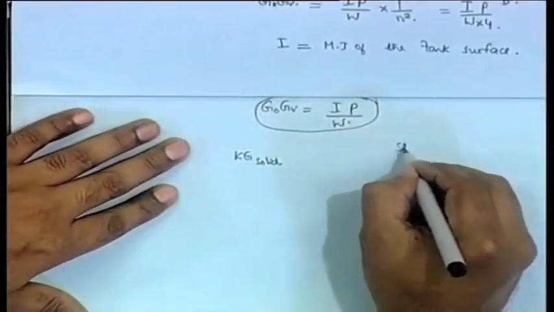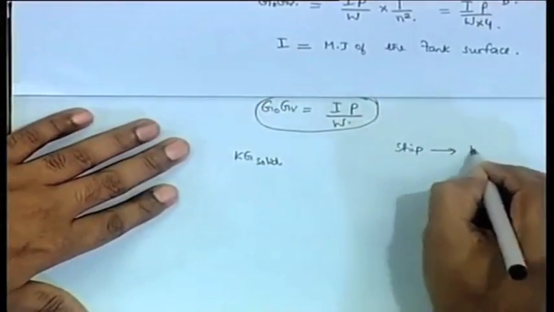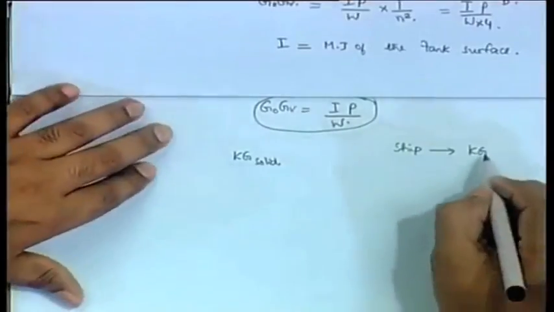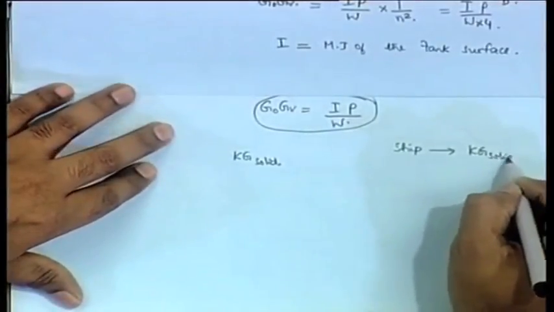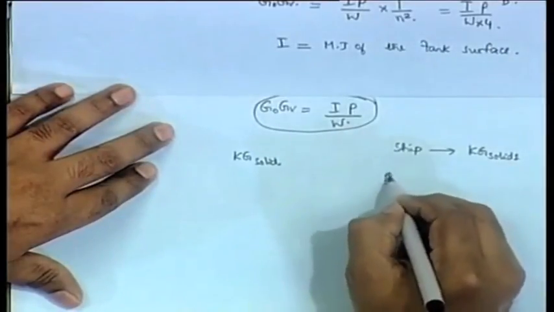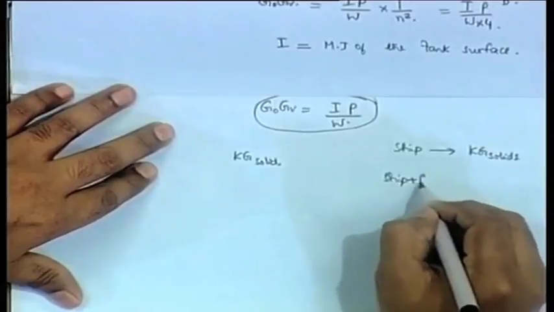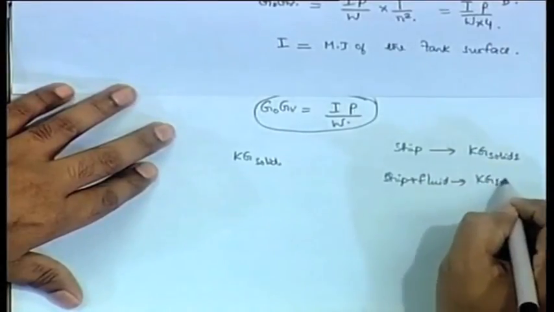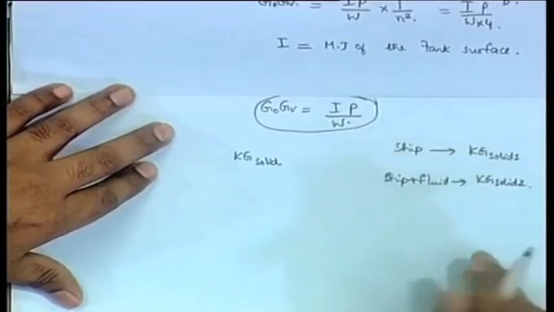So first you have the ship alone. That is also kg. It is 1 kg. These values will be different. This is also a kg solid only, but let's call it 1. Then there will be ship plus the fluid. That is also written here as kg solid. Let's call it 2. Its value will change. Why?